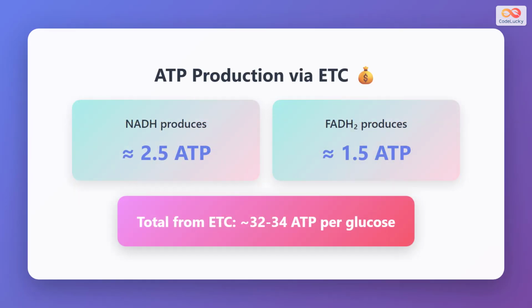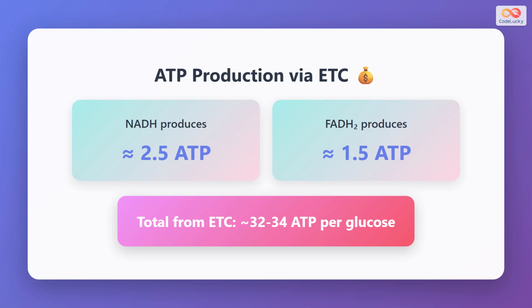Now let's talk numbers. Each NADH molecule that enters the electron transport chain produces approximately 2.5 ATP molecules. FADH₂ is slightly less productive, generating about 1.5 ATP per molecule. This might not sound like much, but remember that one glucose molecule produces 10 NADH and 2 FADH₂ through glycolysis and the Krebs cycle.